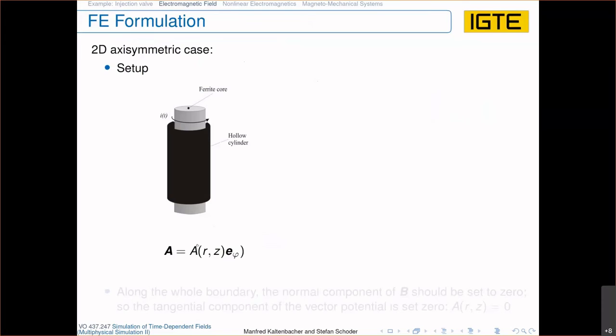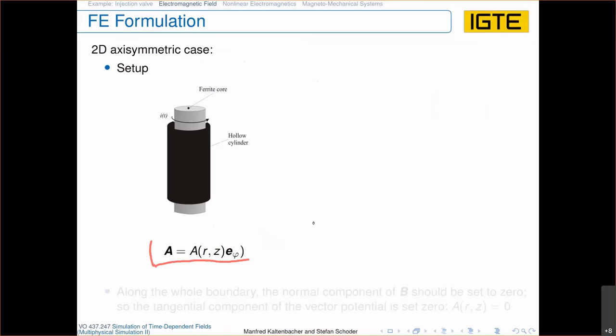As already discussed when we were talking about the gauging, for the axisymmetric case the vector potential has just a phi component, going in circumferential direction, and we have a scalar quantity depending on the r and z coordinate.